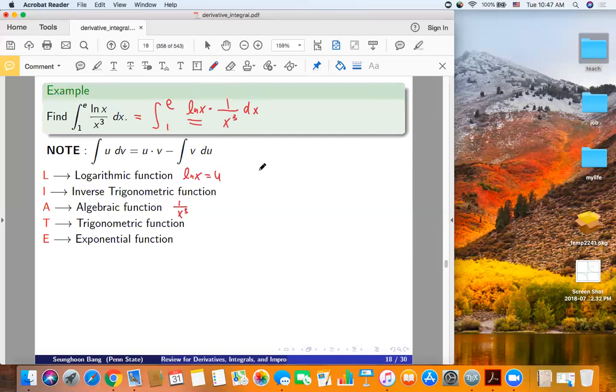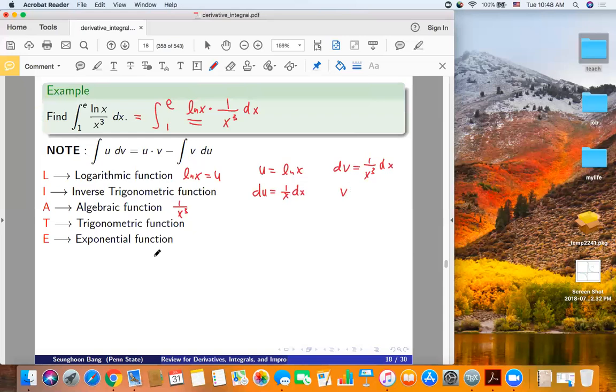So we have u equals ln of x. The dv is the remaining part, 1 over x cubed dx. This is the whole idea. What's du? du is ln of x prime, which is 1 over x dx.